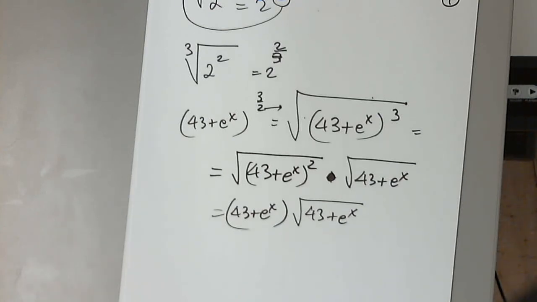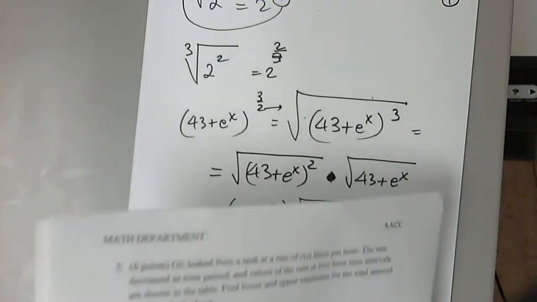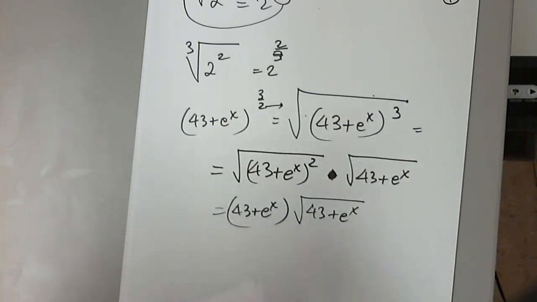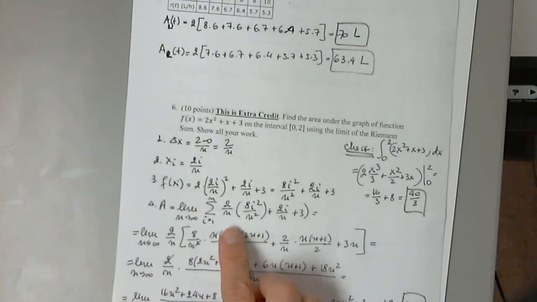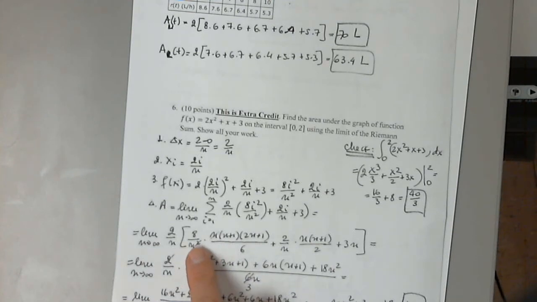After you substitute for xi, the function becomes... so I took out 2 over n.